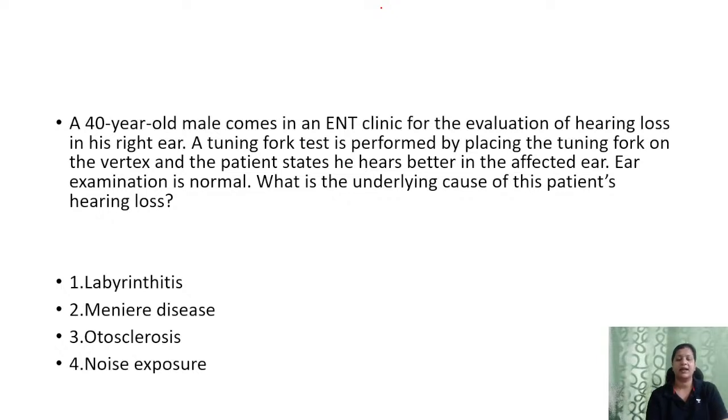So tell me which is the right option. I'm waiting for all of your answers. So they're telling you that the patient is coming with hearing loss in the right ear. And when you do a tuning fork test, you see that the sound is getting lateralized towards the affected ear.